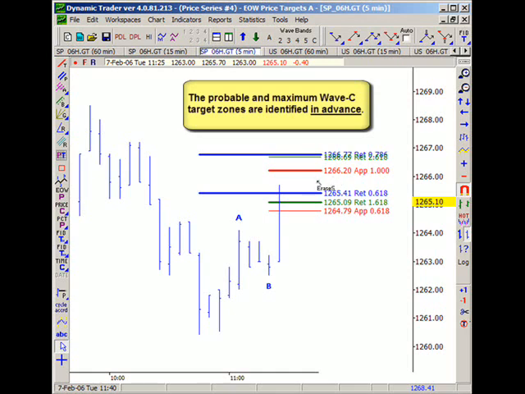So the important point here is we've identified what would be the probable and maximum targets for the wave C. Those are quite close together, but we know now that the market's reached at least the probable target, any sort of momentum reversal or could be candlestick reversal signal, any sort of minor reversal signal would indicate that this market has probably completed a correction, and we'd be able to enter a short trade with very, very minimal initial capital exposure.